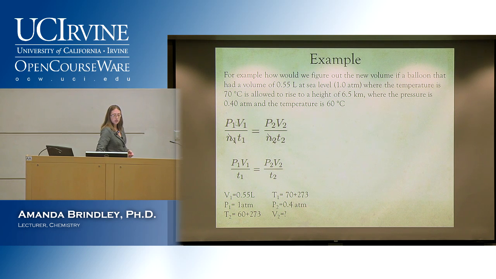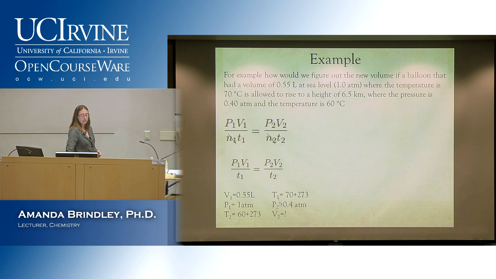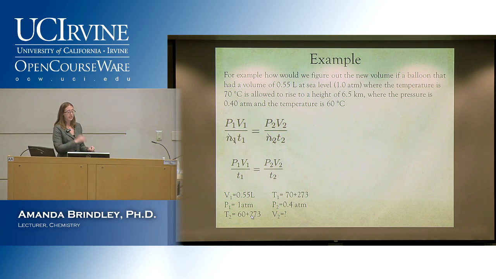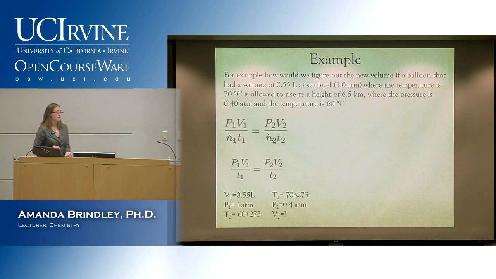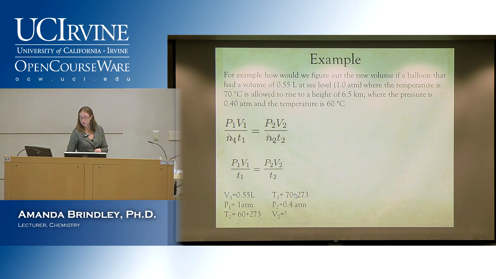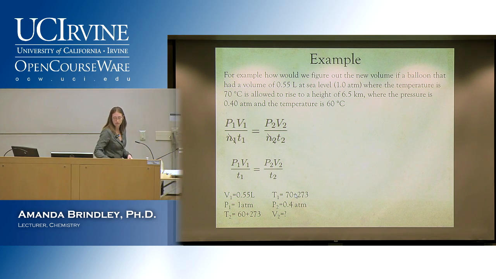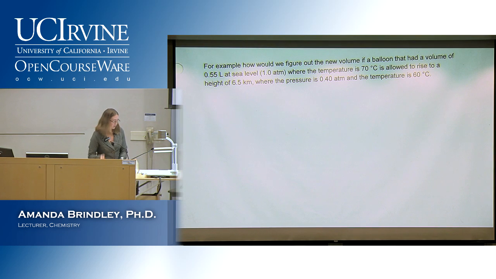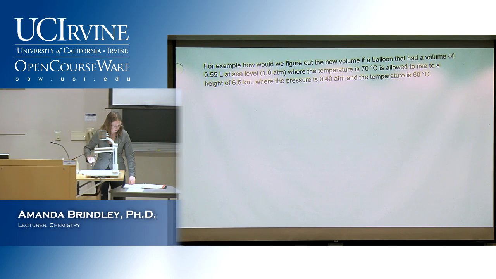When you get these where you are changing multiple things, it's a lot of times a lot easier to just go ahead and write a little table out, making sure that when you go to fill everything in, you're fine. Notice when I fill my temperatures in here, I just write in the plus 273. Don't write down 60 and 70 if you make a little table like this. You'll fill it in wrong. So just write in the plus 273 or actually solve it for that number. Okay. But as usual, I prefer to do this over here, so we're going to switch over here.